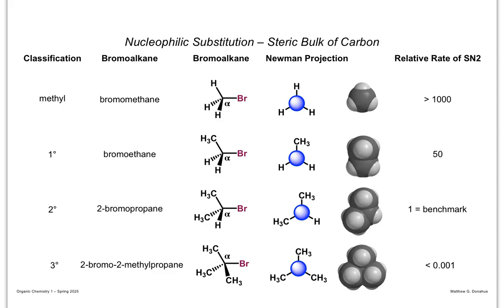The fourth column, you have to imagine putting your eyeball directly behind the carbon leaving group bond. And then if you did that, that blue ball is showing you the sigma star orbital. And then next to that is a space filling model.